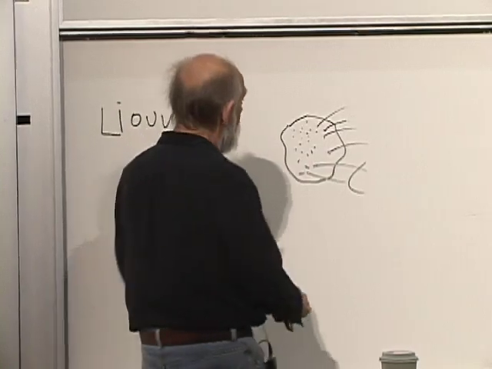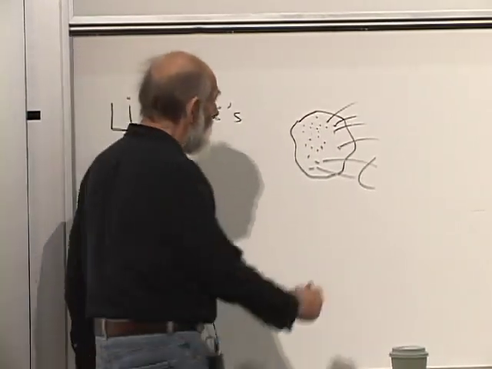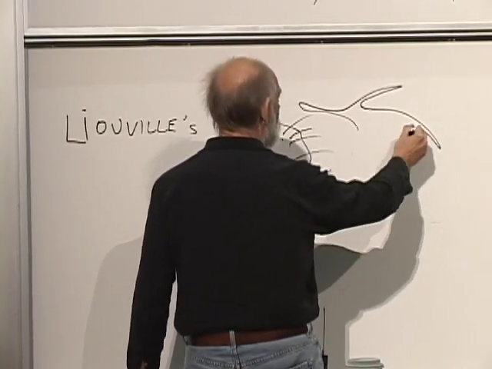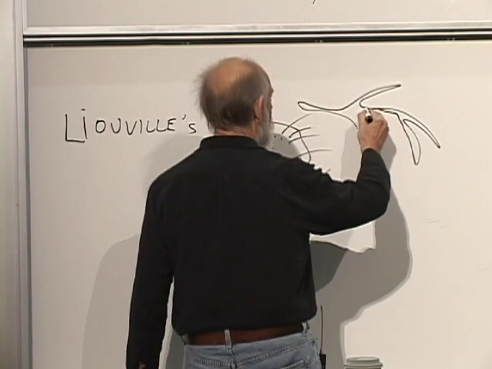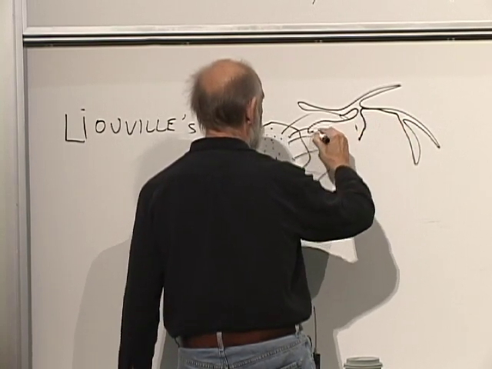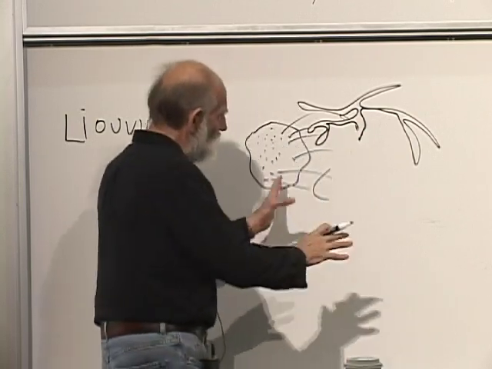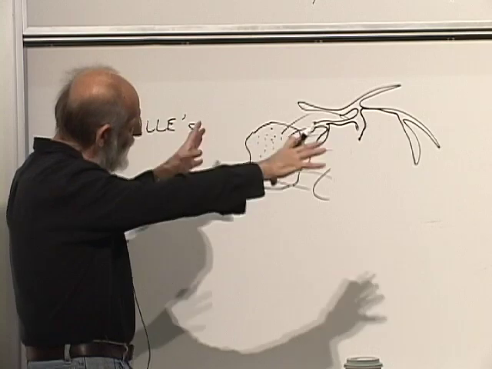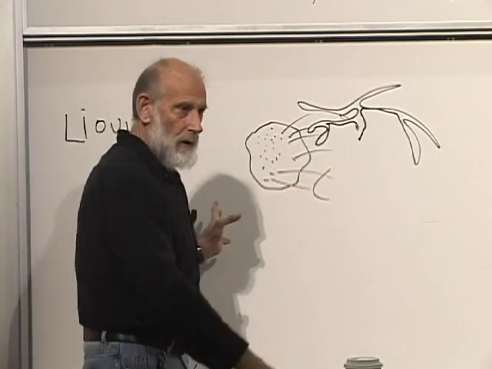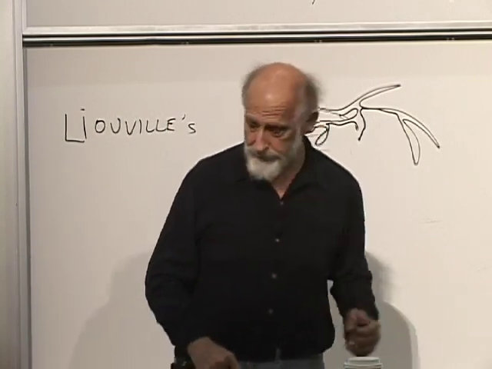Can it happen that the volume of this region does stay conserved, but it sort of branches out in some horrible fractal, I don't know how to draw it, I'm not very good at drawing fractals, in such a way that it eventually apparently fills up the whole phase space? And the answer is yes, that does tend to happen.